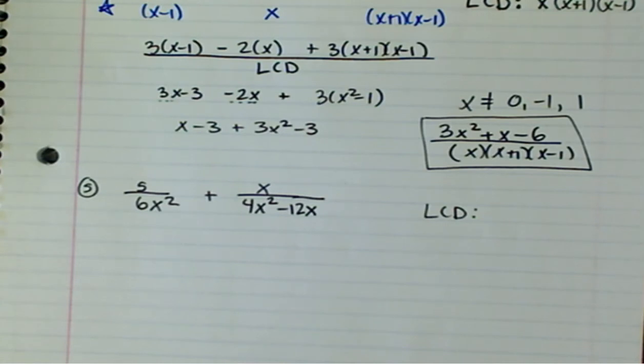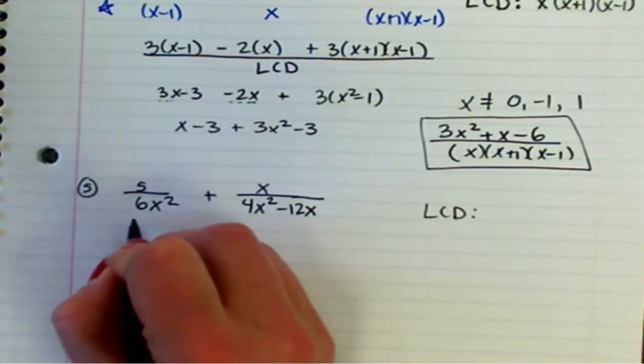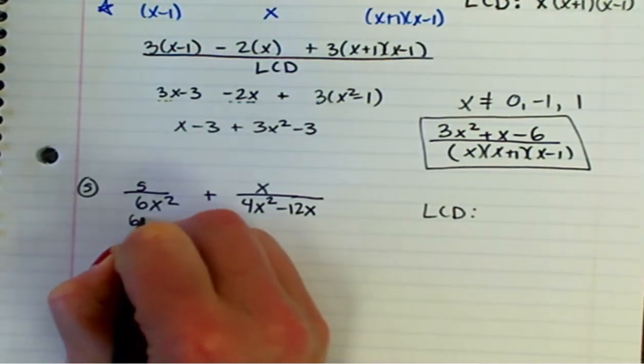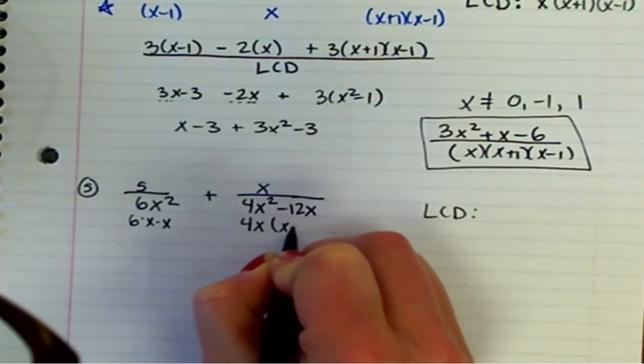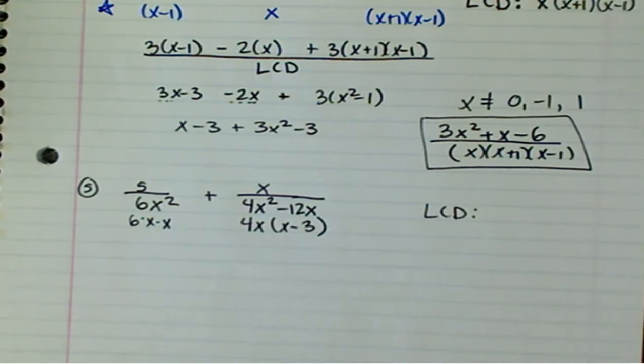Well, you've got to factor first. Factor it first so that you can swap the parts that are not already common. I suggest using your number skills with the 6 and the 4 when finding the least common denominator.